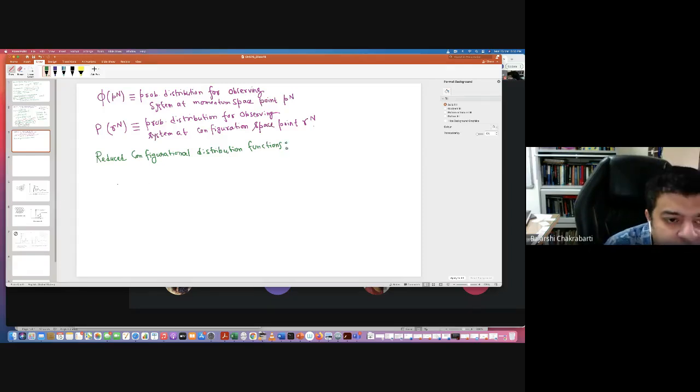And just see my notation. I write capital P, 2 by n, like this, r1 comma r2.